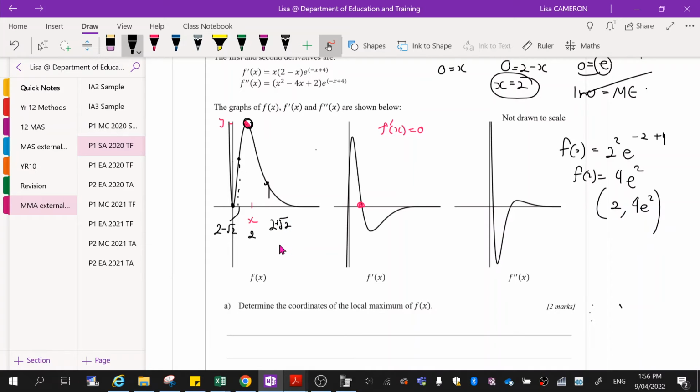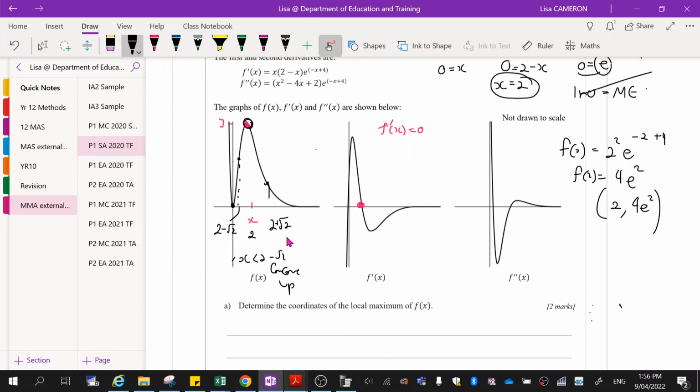So if you're looking at our picture here, it's pretty easy to see the concavity. Anywhere before, so when x is up to 2 minus root 2, any value before that point, it's going to be concave up.